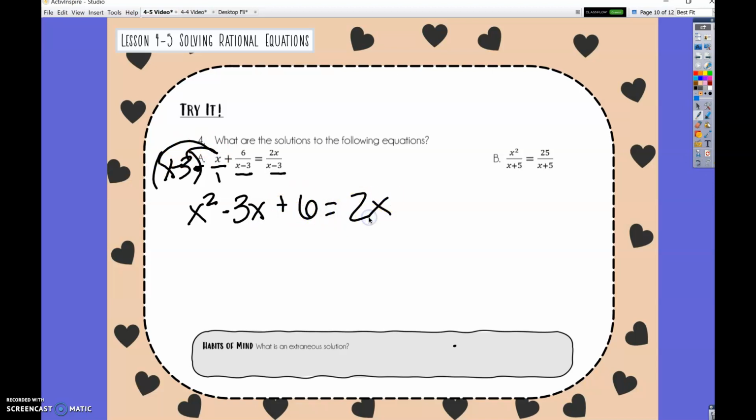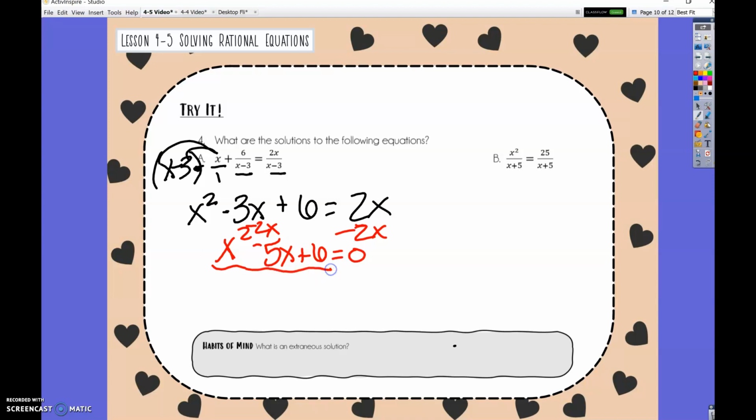I'm not going to write that denominator because it would reduce and go away anyhow. So I'm going to have x squared minus 3x. Actually, let's say that's minus 5x because I'm going to go ahead and subtract 2x from both sides. I have no terms to combine. So I'd have minus 5x here plus 6 equals 0.